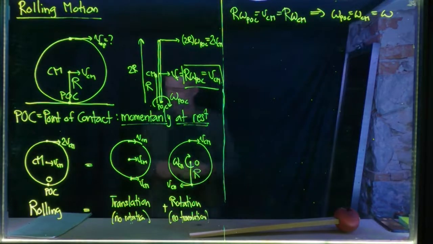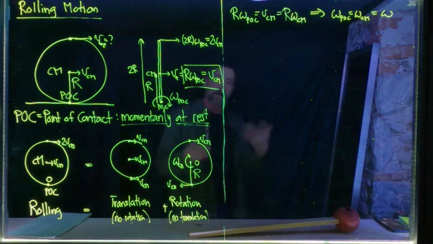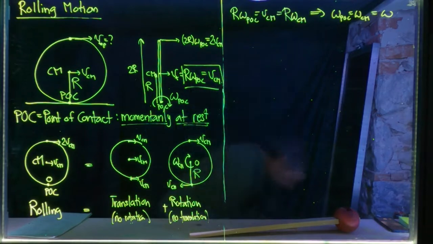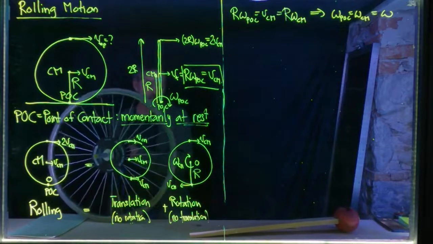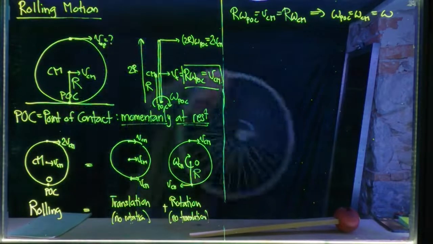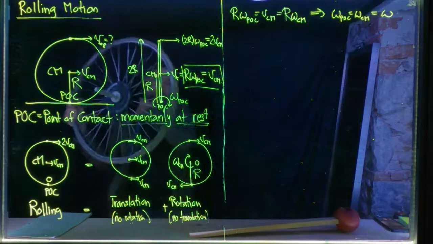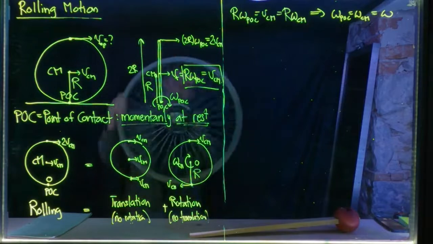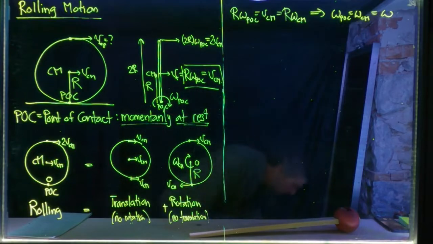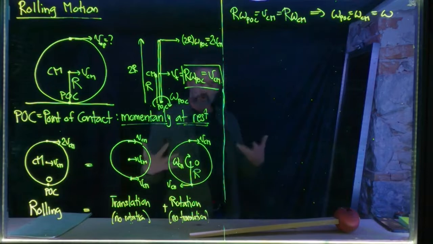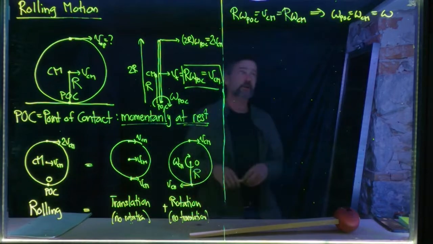Now, of course, that common angular velocity could be changing with time, right? So if the wheel is picking up speed, maybe it's rolling down an incline, so both its translational velocity and its angular velocity are increasing. So omega could be changing. And so the time derivative of omega, the rate at which omega is changing, is the angular acceleration.